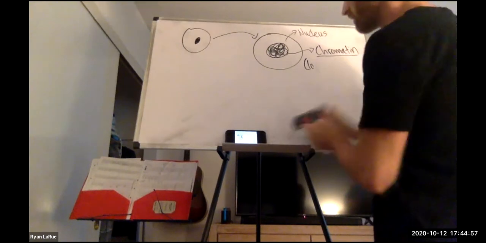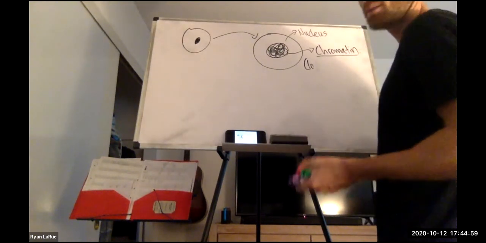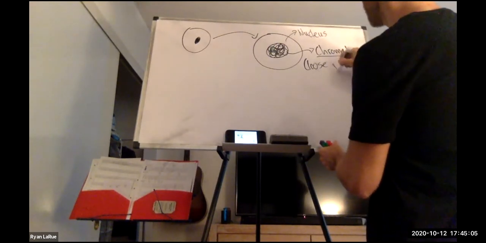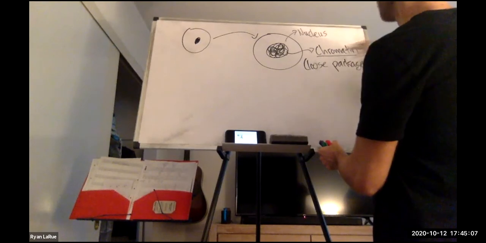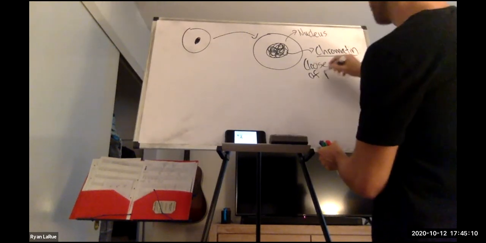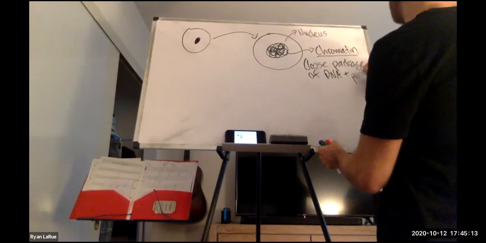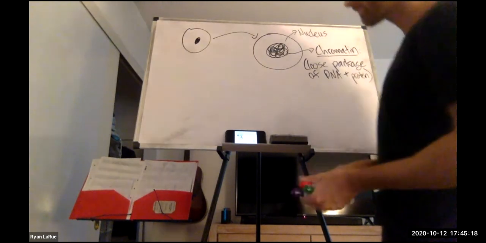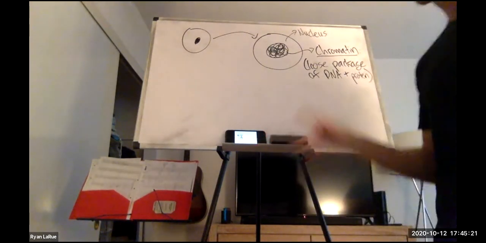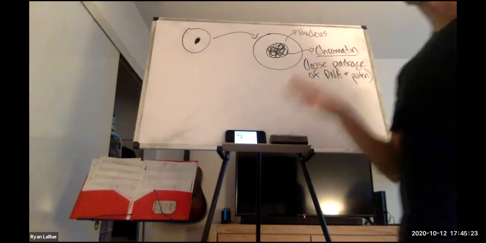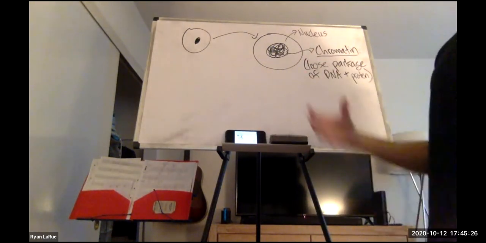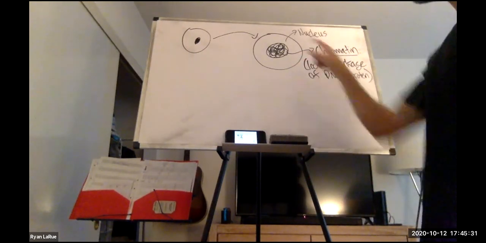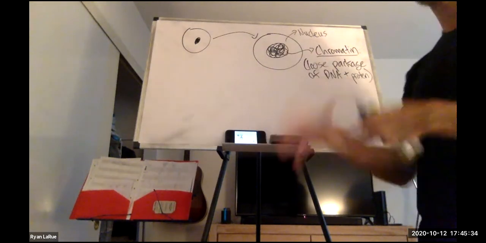And not just DNA, there's also proteins in the chromatin as well. So it's a loose package of DNA and protein. Chromatin is when the DNA and proteins, called histone proteins, inside the nucleus are uncondensed and it's like spaghetti. That's chromatin.